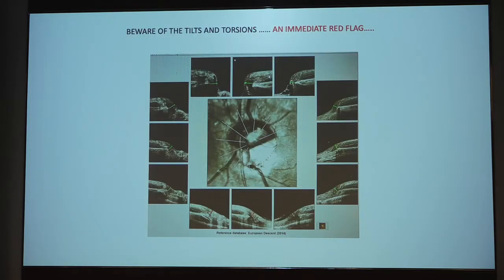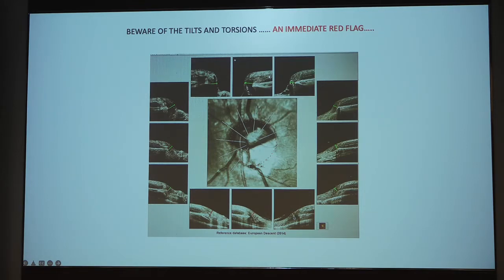Look at this: you have to beware of disc tilts and torsions. It is an immediate red flag. The moment you see a disc like this, you have to go through the 12 images to sort out whether the BMO has been identified correctly. As you would realize, here are a few places where the BMO location visible to your eye and what is marked by the machine is different.